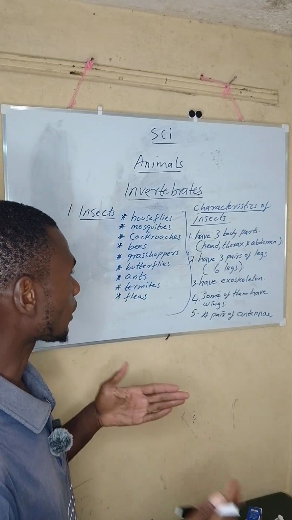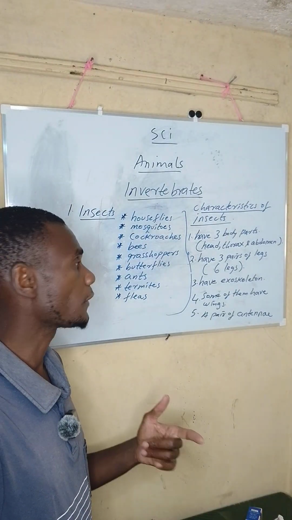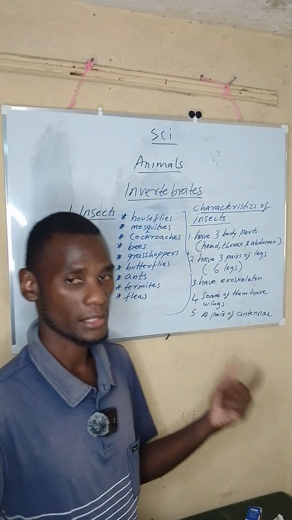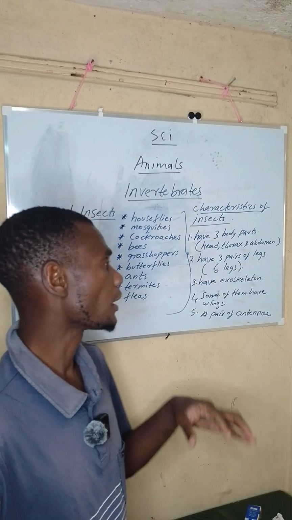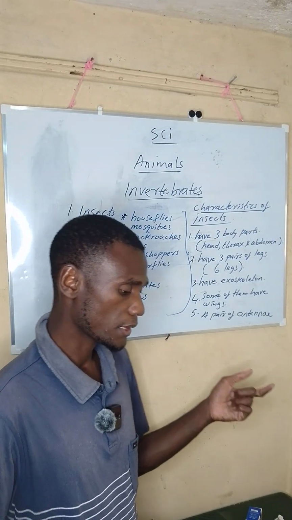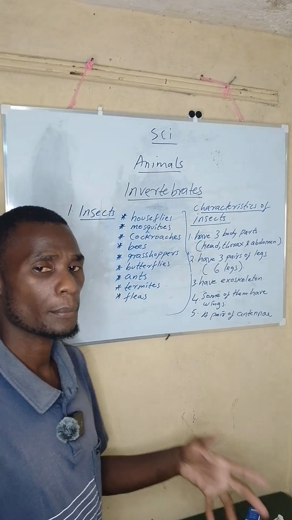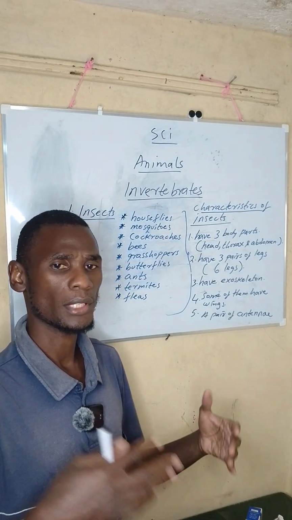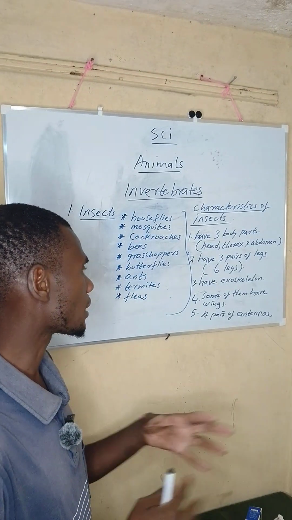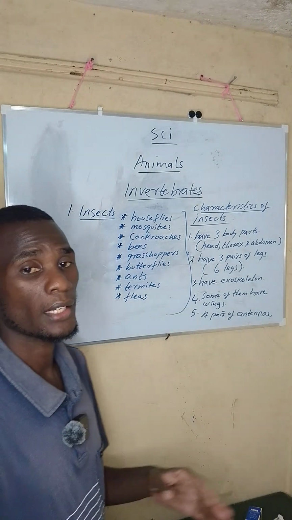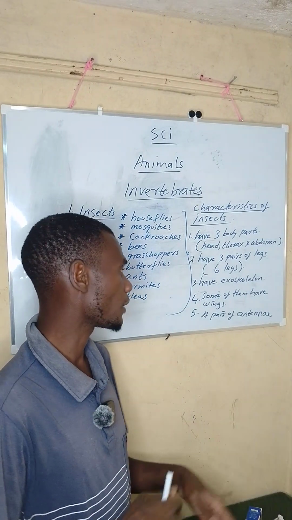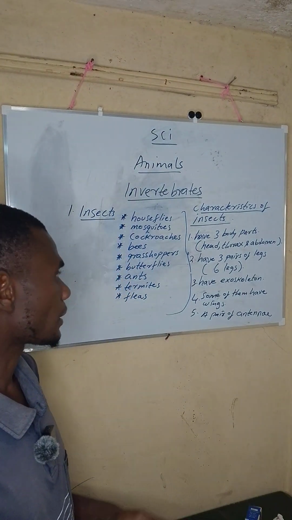So that is what we want to look at. How can they differentiate? What is the difference between the mites, ticks and spiders and this group of insects? If you look at them, they almost look alike, they're almost the same size, but they fall under different groups, and of course they have different characteristics.